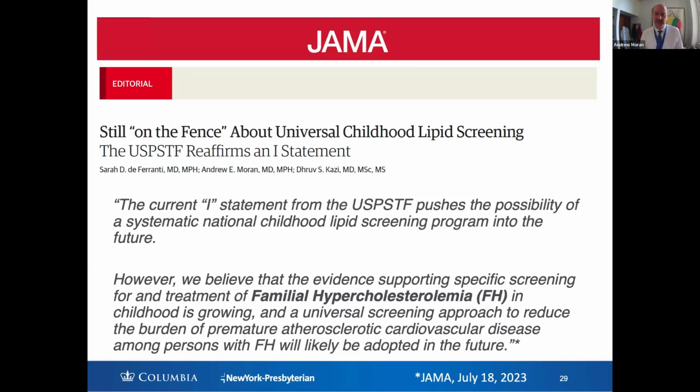In our editorial in JAMA, we came out to say that the focus really should be on familial hypercholesterolemia, which, if left untreated in childhood, can lead to myocardial infarction or ASCVD in people's 30s and 40s if left unrecognized and untreated. And so we really think that screening for FH should be the main driver to motivate screening for lipid disorders in kids.